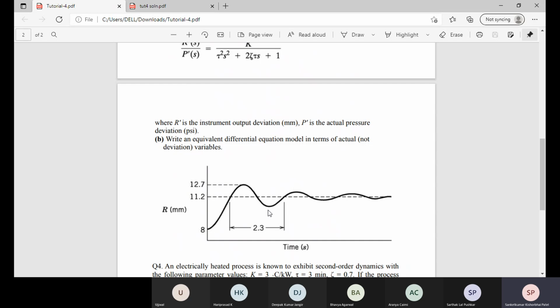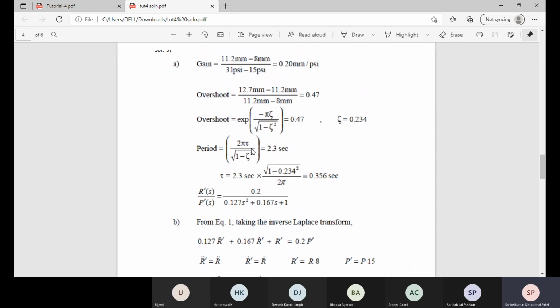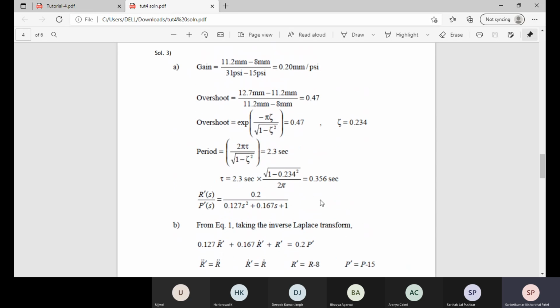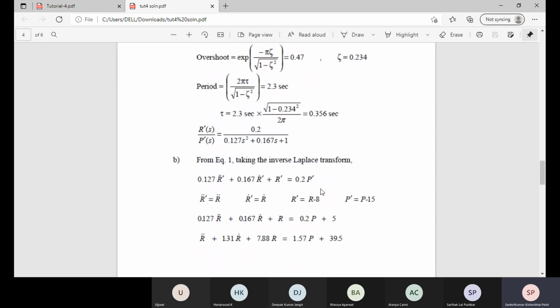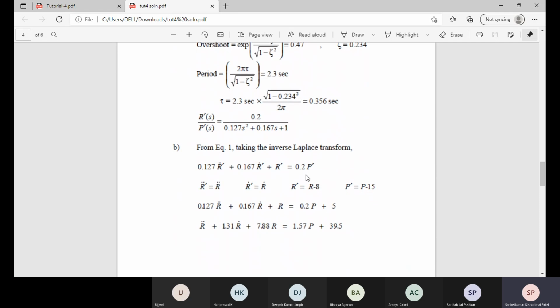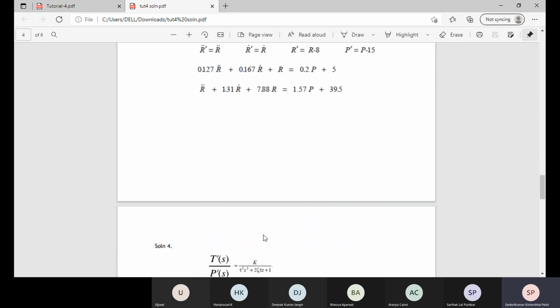Since we have the value of zeta, we can obtain the value of tau, and finally we get the standard form. And for part B, simply we need to take the inverse Laplace of this value, and plug in values. P prime is P plus the value in the beginning, so we obtain the solution.